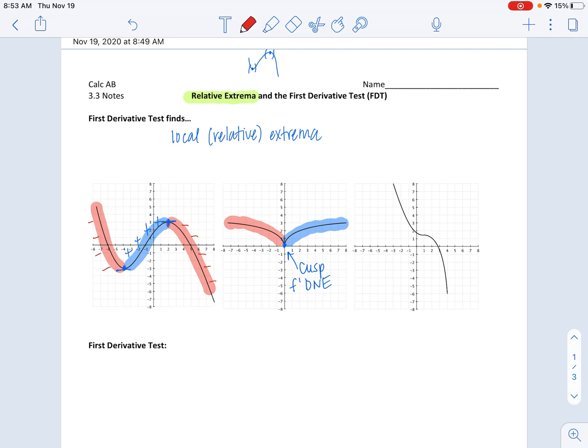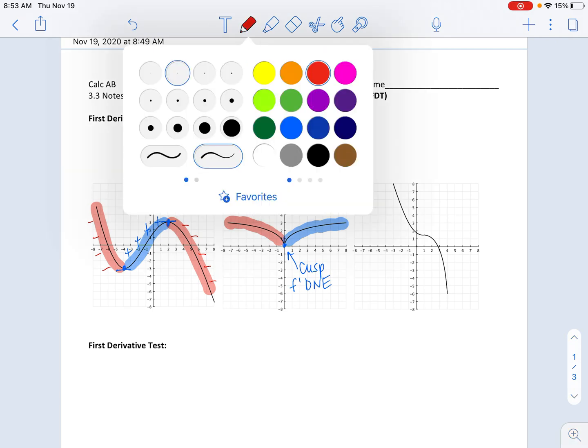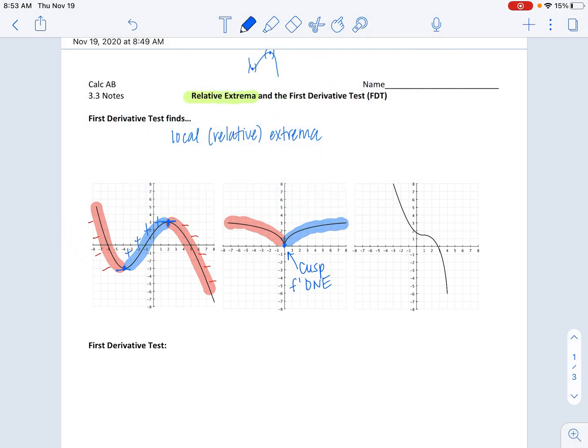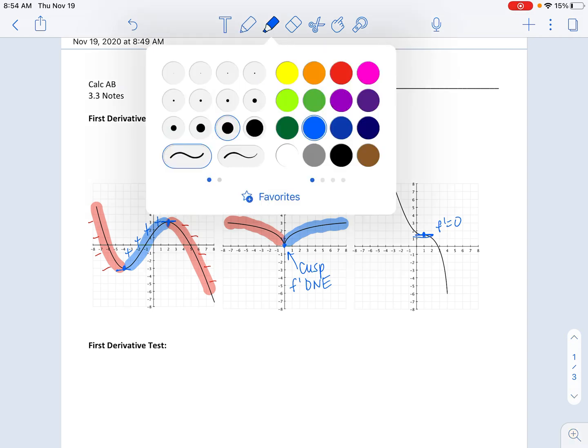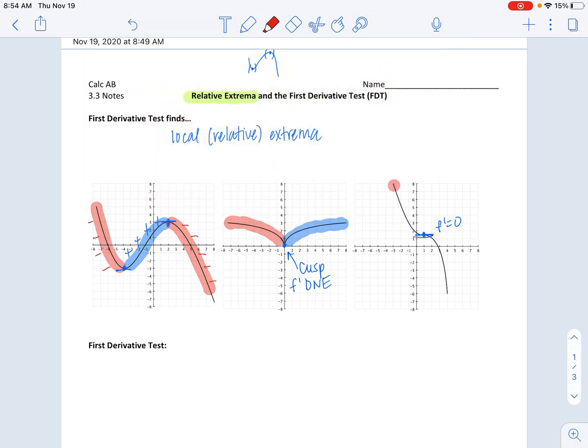Okay. The least interesting kind, I guess, is a point like this right here, where the slope is 0. So f prime does equal 0 at this location. Tangent line's horizontal. But if I think about what the graph is doing, it's decreasing. All those little slopes are negative on that side.